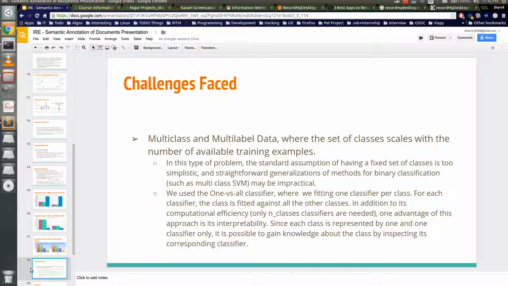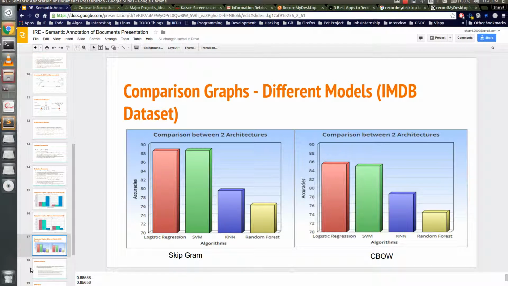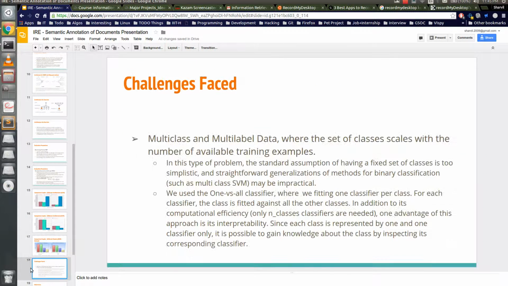The major problems that we faced moving from the IMDb dataset to the ACM dataset: in the IMDb dataset, we had positive reviews and negative reviews, and we tried to predict whether a review is positive or not. In this case, however, there was multi-class and multi-level data, which increases the complexity of the problem significantly. For this, we used the one-versus-the-rest classifier.